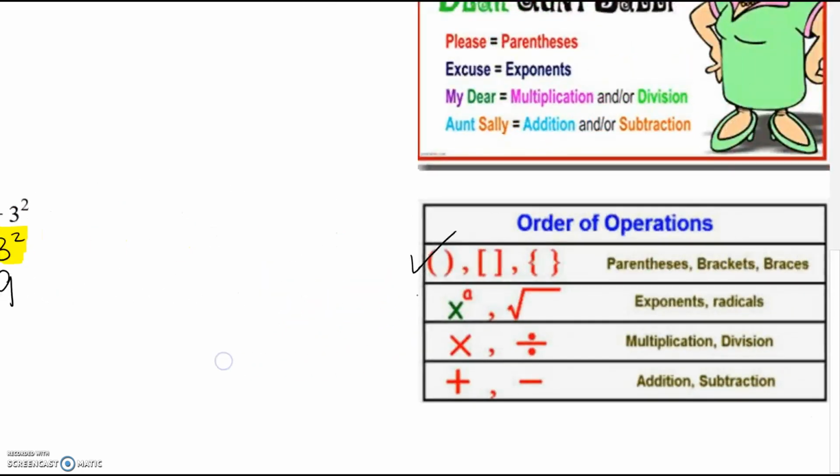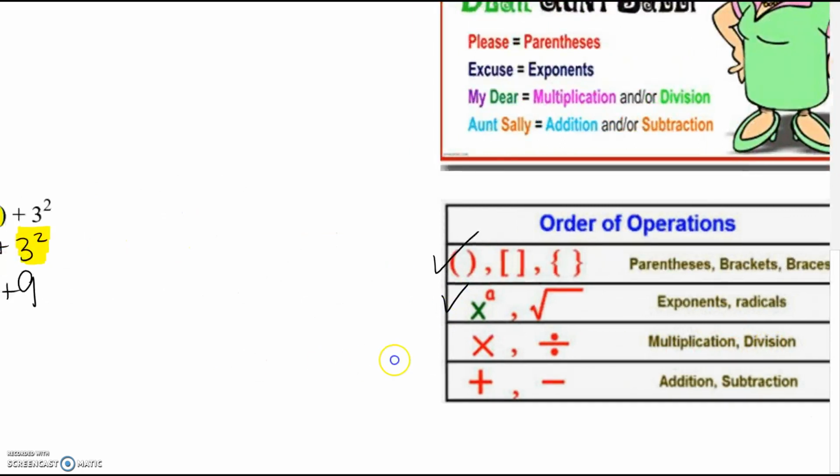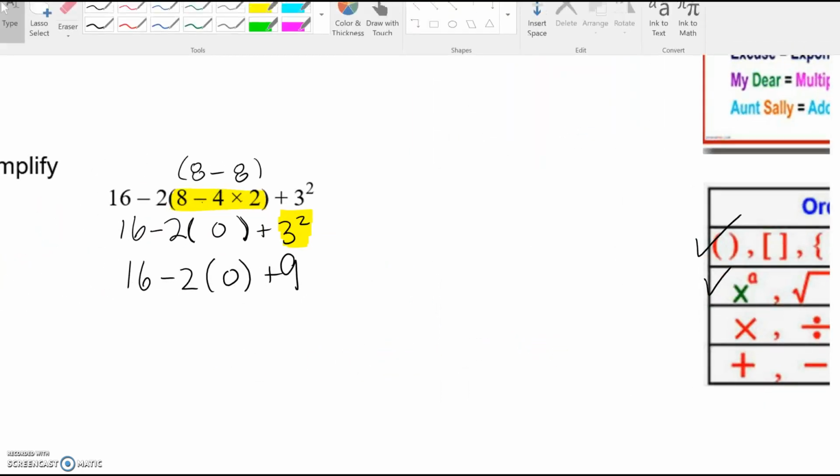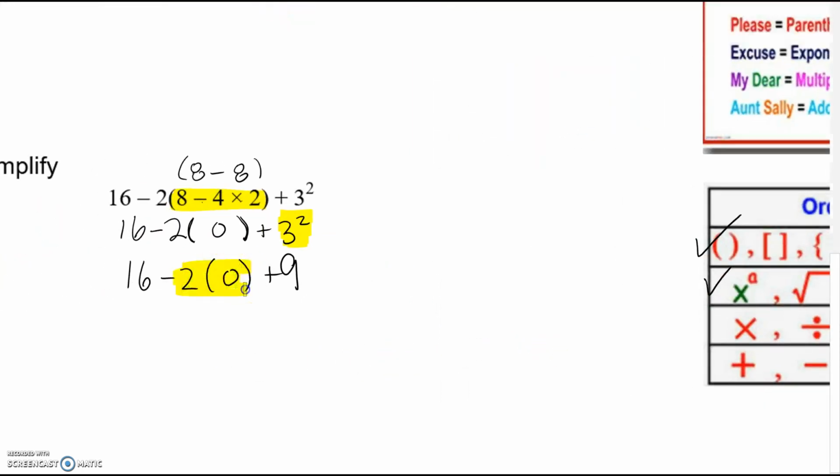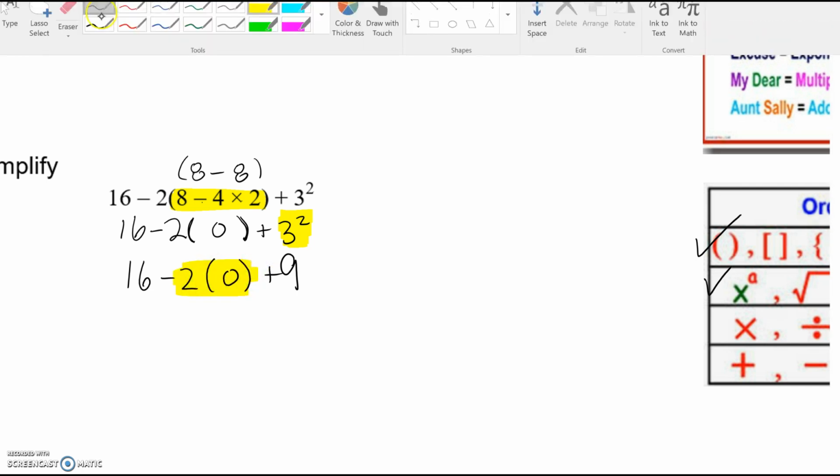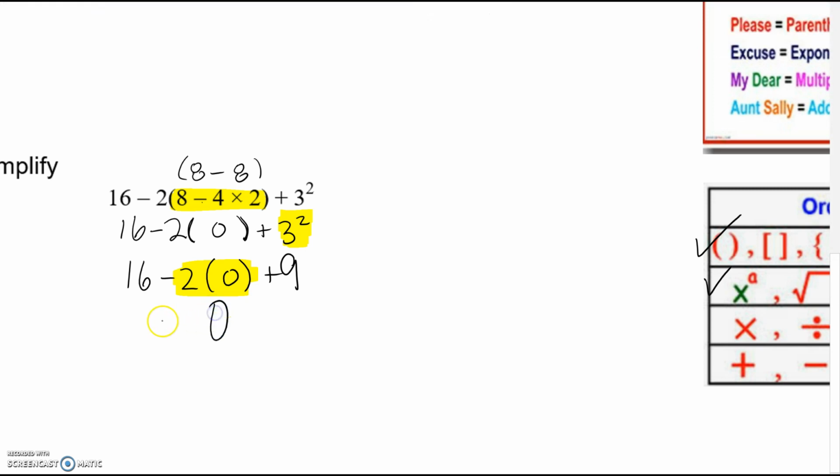So out of those, we've done our exponents. Now we're at the multiplication and division step. And 2 times 0 is 0. So 16 minus 0 plus 9.